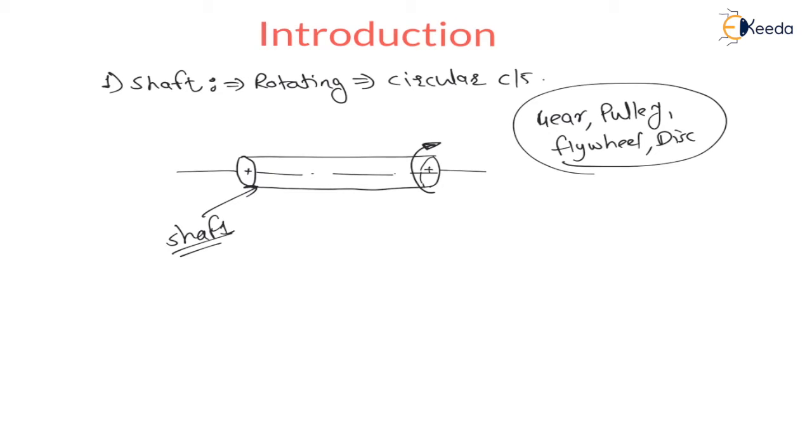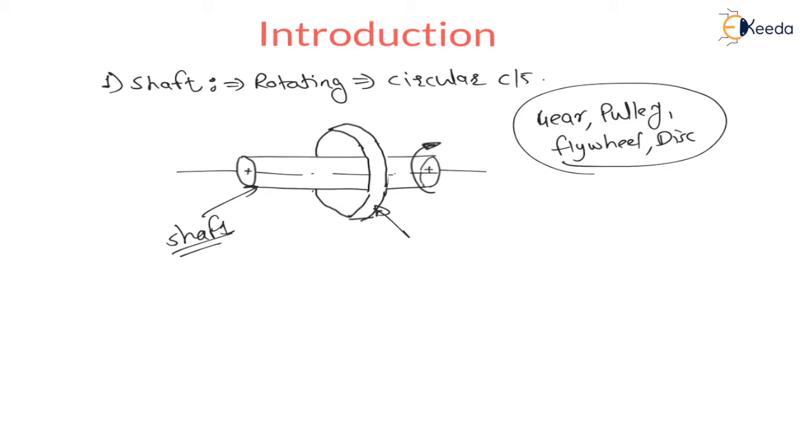Let us say on the shaft I am fitting a circular disc like this, or pulley or flywheel, whatever the device may be, which is rotating along with shaft.